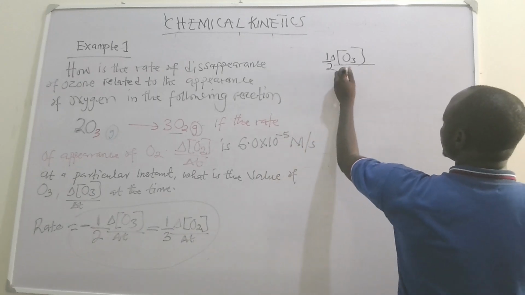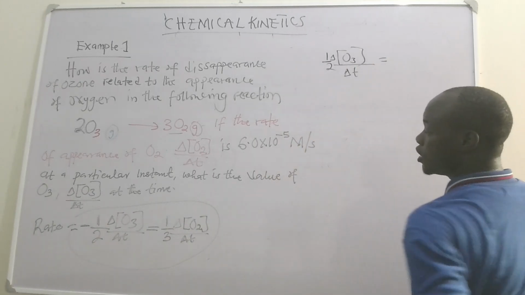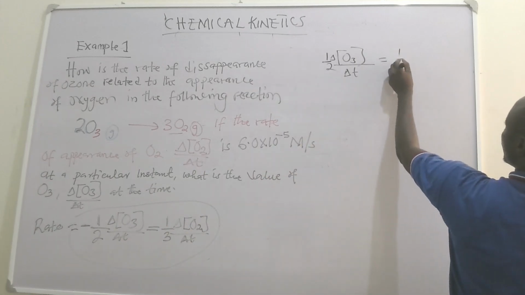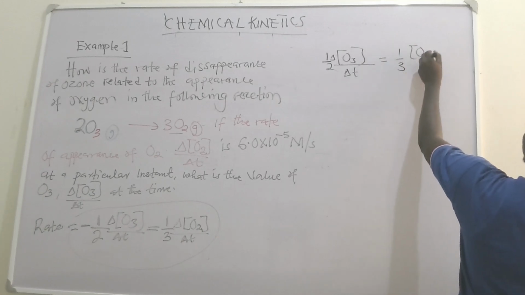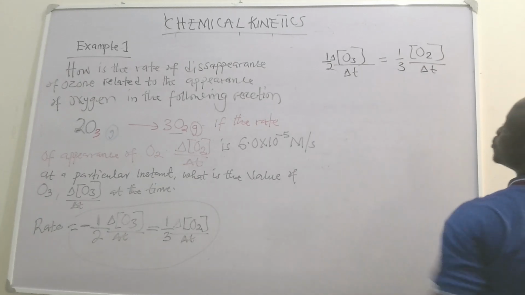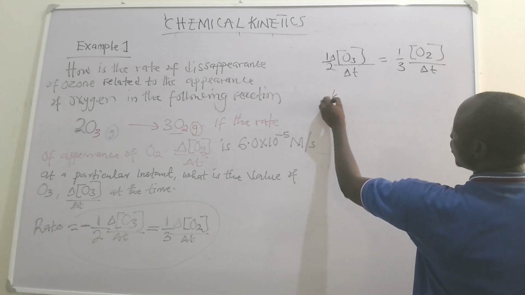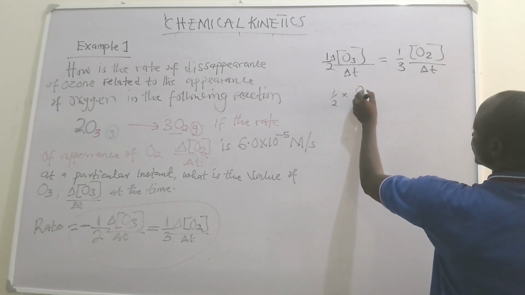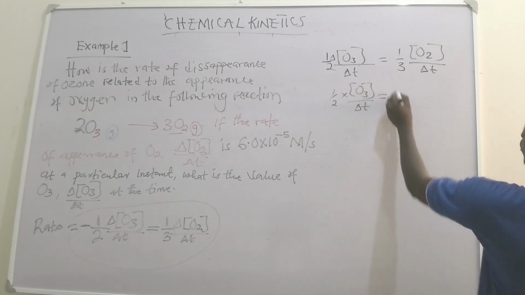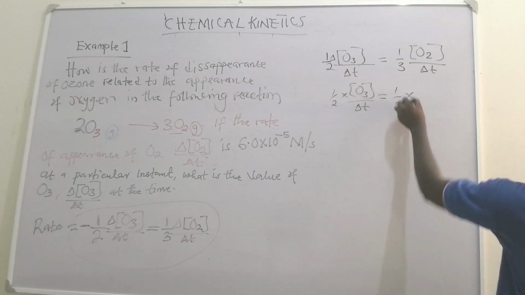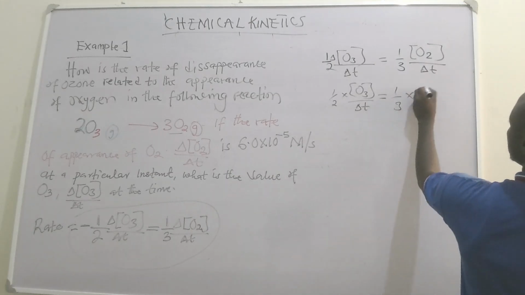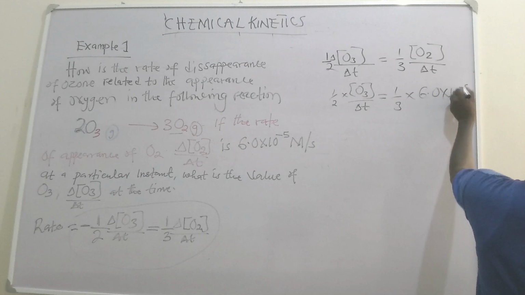Then, for the oxygen, we have 1 all over 3, and of course we have the appearance of oxygen divided by delta T. So for the ozone we have 1 all over 2 times the concentration of ozone divided by delta T, and of course we have 1 all over 3 here times the rate of oxygen, which is already given as 6.01 times 10 raised to the power of minus 5.